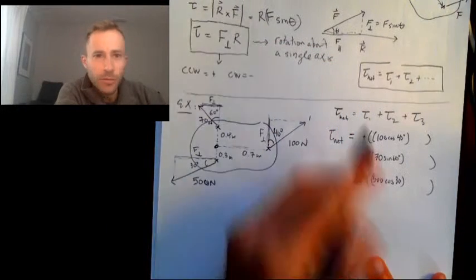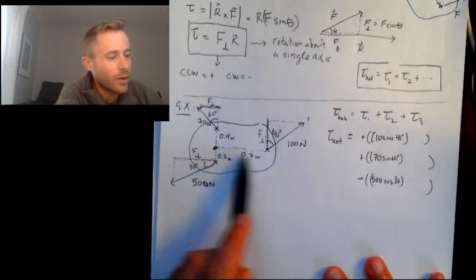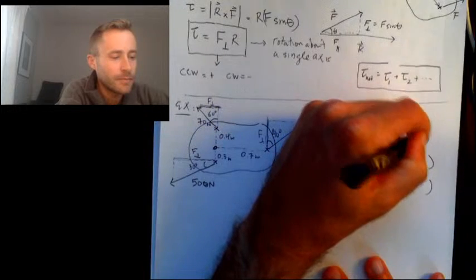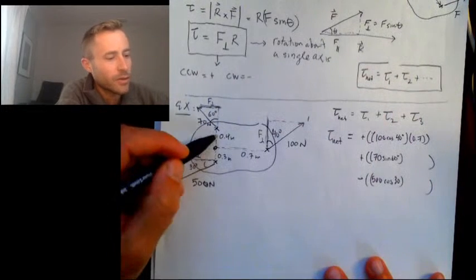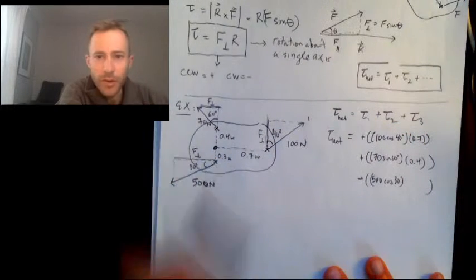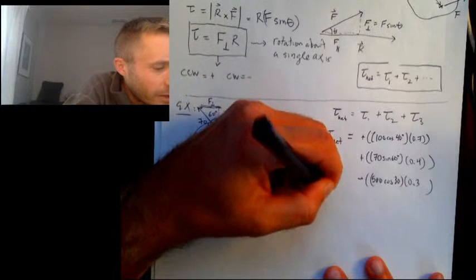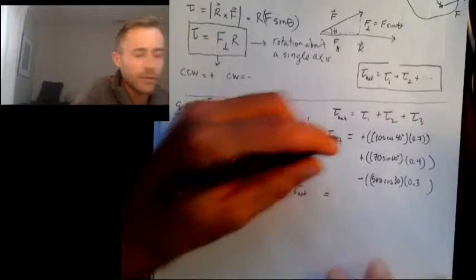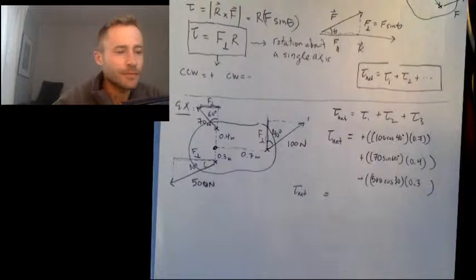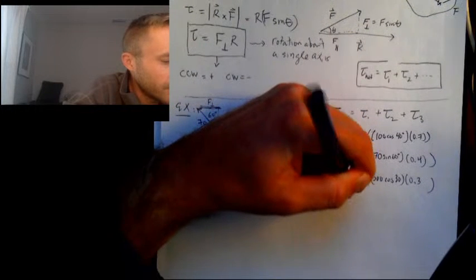So now I have to multiply these F perps by their corresponding R's. For the first force, the R is 0.7. For the second one, the R is 0.4. And for the third one, the R is 0.3. So what does this end up being for our net torque? Well, the first term is 53.6.